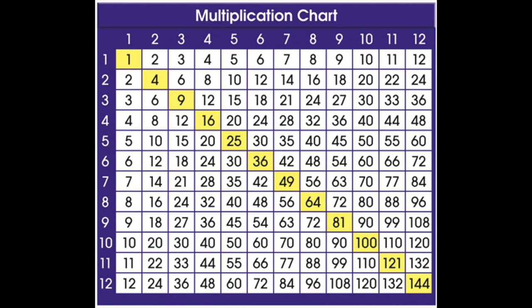One more thing is, just like when we learned about the distributive property, if I took, for example, a times 4 fact, that is the same thing as if I took the times 2 facts and I doubled it, right? Look at 5 times 2, that's 10.